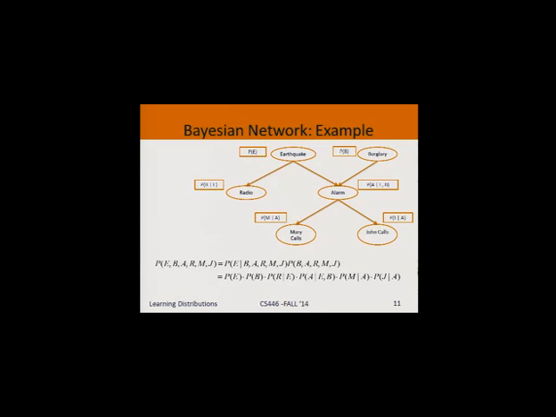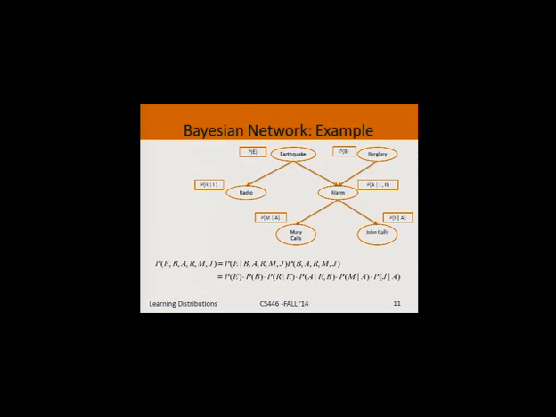I'll look at the graph and I'll say, OK, so the joint is P of E given everything times P of everything. And then I'm going to say, oh, in fact, instead of P of E given everything, I can just write P of E because it's independent of everything, given that I know this.